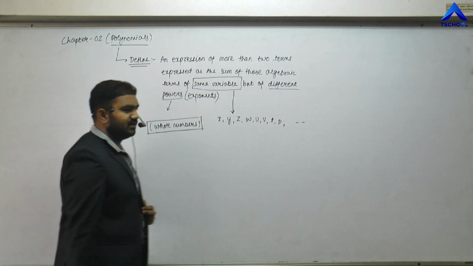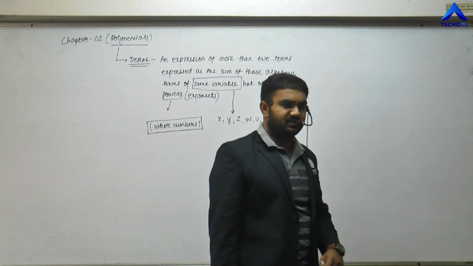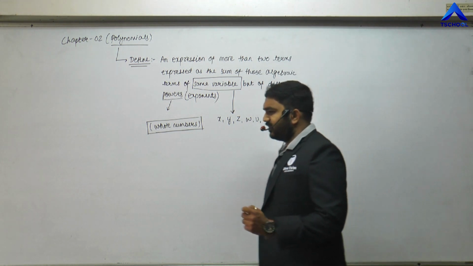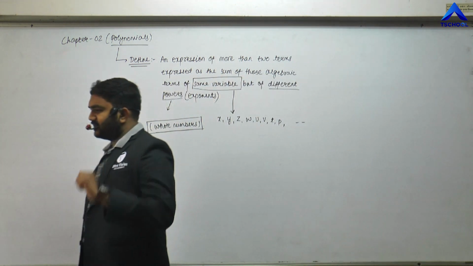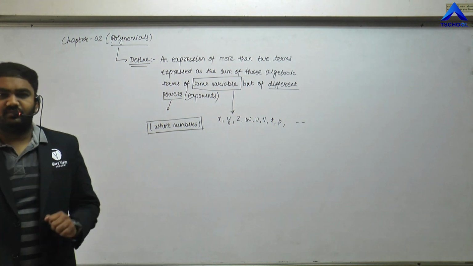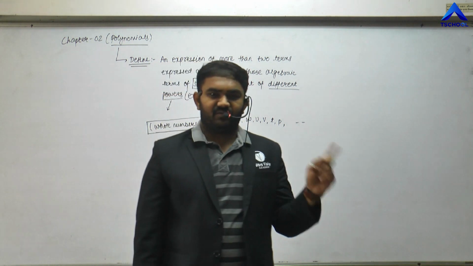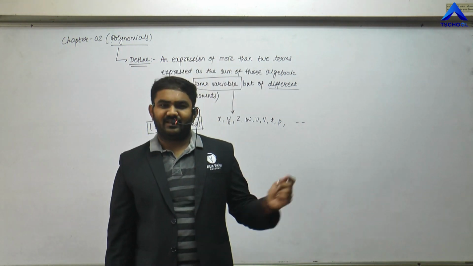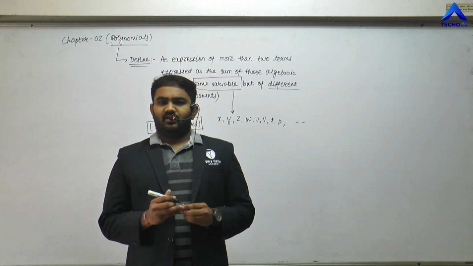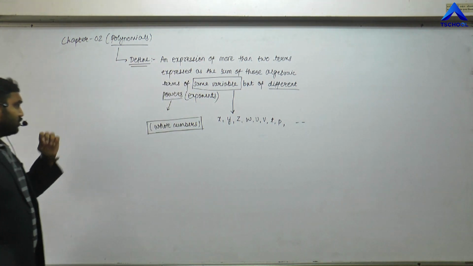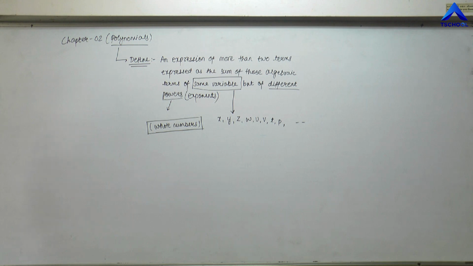So the powers here, the exponents of the variables, will be from the classification of whole numbers. As we discussed in chapter number 1, whole numbers include the integers starting from 0 to infinity, neglecting the negative integers, right? So this is about the definition of the polynomials.